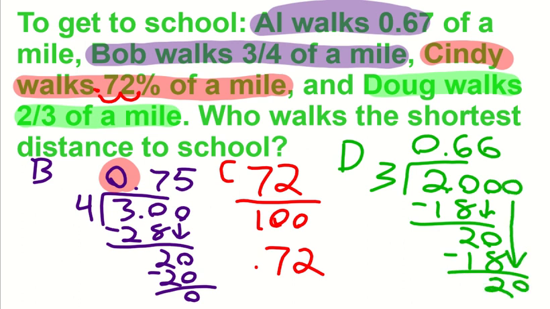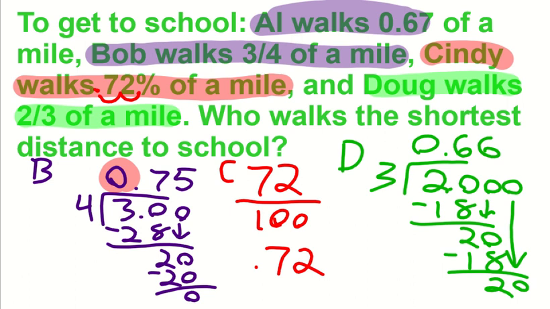Do we see how this is going? Right? Hopefully, even by that first time when you get 20 again, you can see it's going to keep repeating, right? So the 6s are going to keep going. So which one's the lowest? Doug is the lowest, all right?